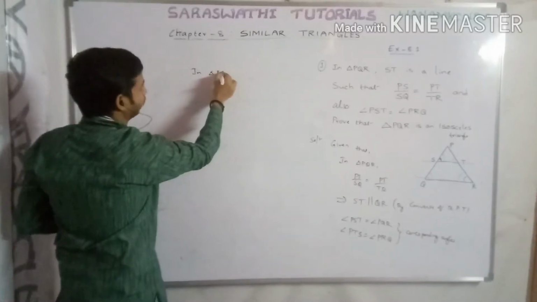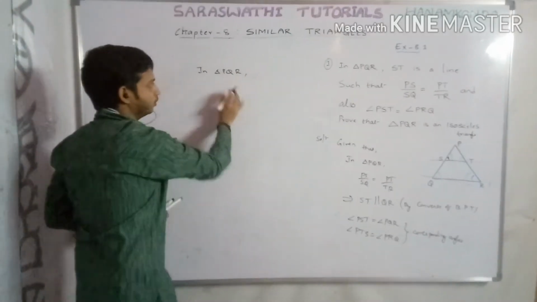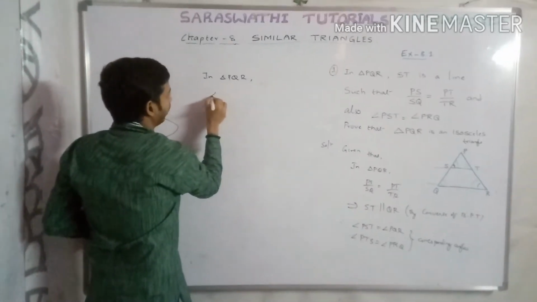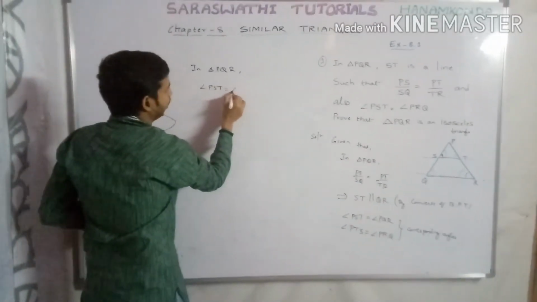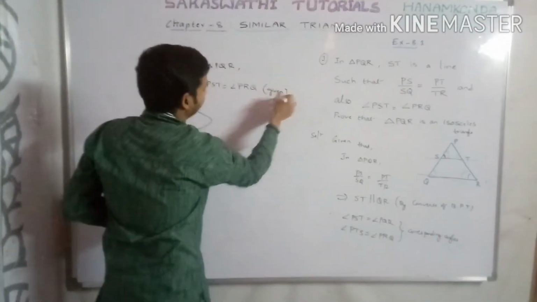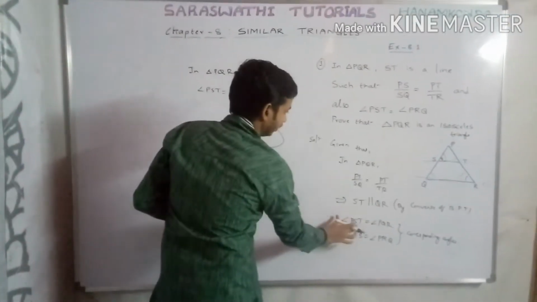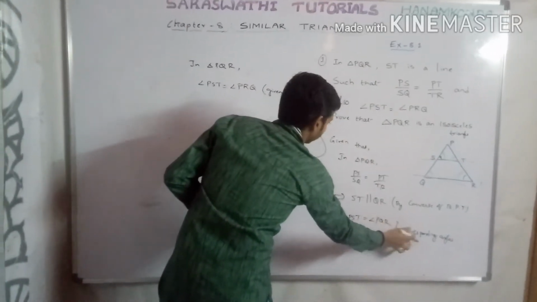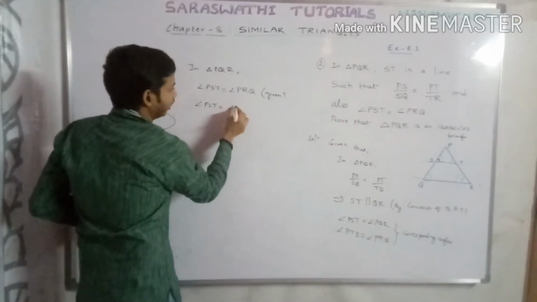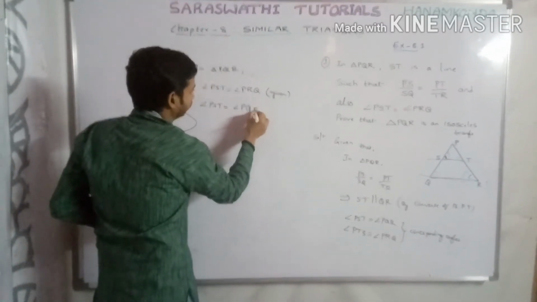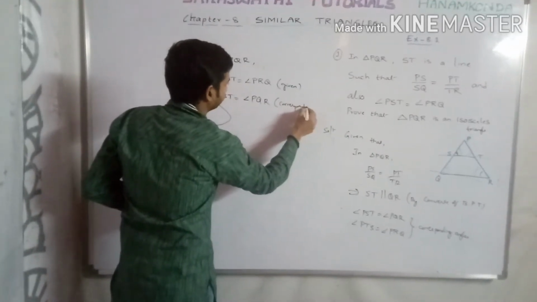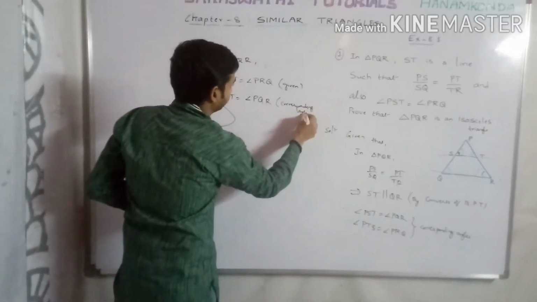Now in triangle PQR, it is given that angle PST equals angle PRQ in the question. And next, angle PST equals angle PQR, which we got as corresponding angles.